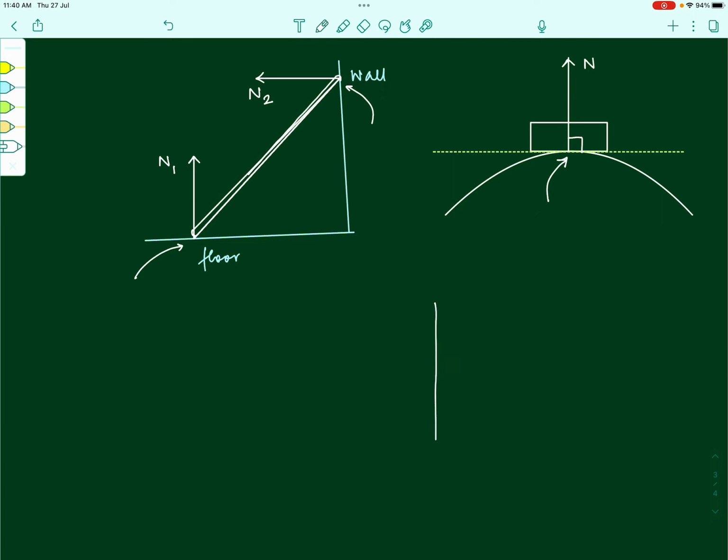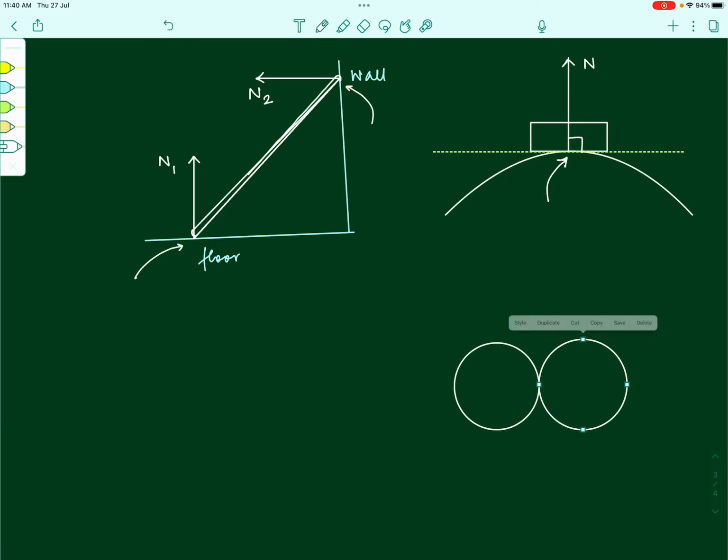Let's say there are two balls which are kept right in contact with each other like this, and let's say they are being held within some rigid container like a box like this, and there is a third ball which is kept right over these two balls like this, so that this ball is just in contact with the two balls.